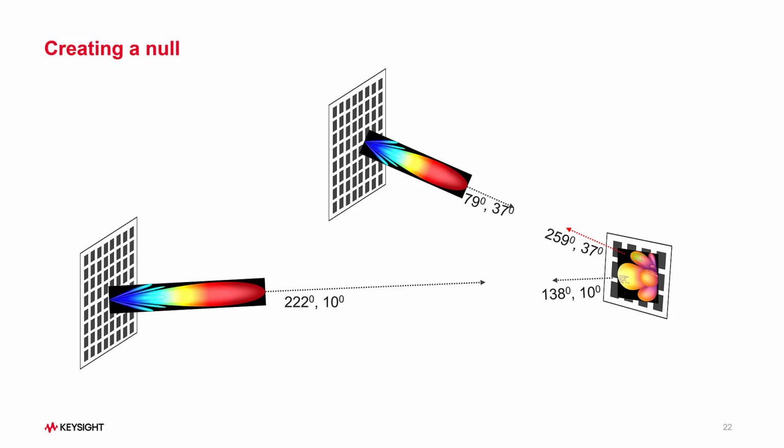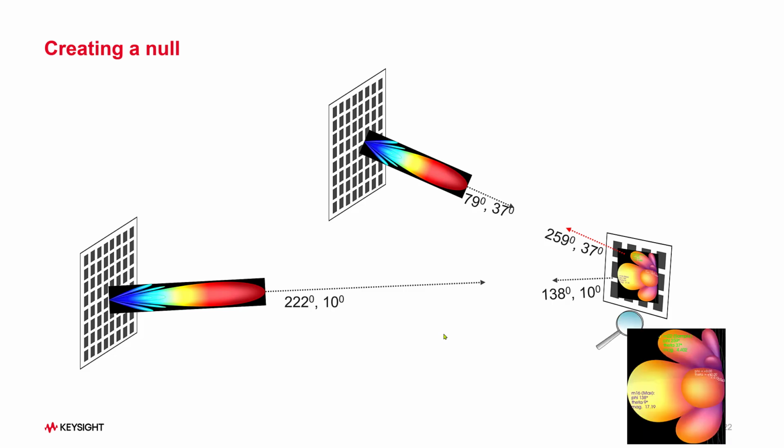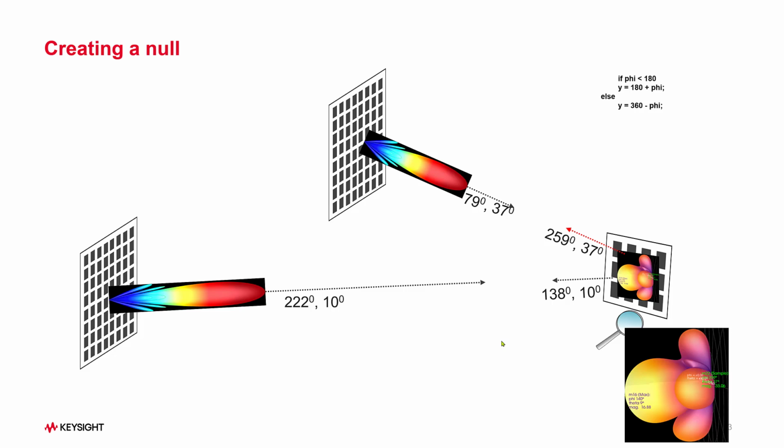We can adjust the phases in our receiver in such a way that we cancel out the side lobe, as shown here. We cancel out the side lobe and keep the main lobe intact. As can be seen here, we adjusted the phases and we put a null in the side lobe, as in the magnified picture here, but we kept the main lobe intact.